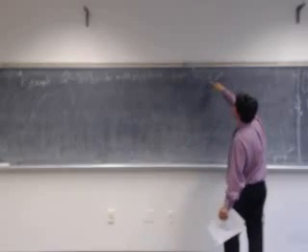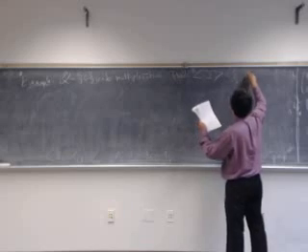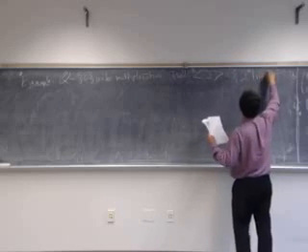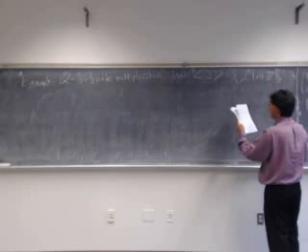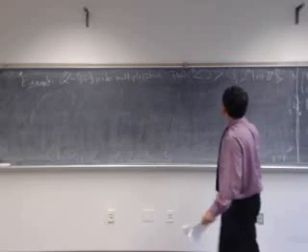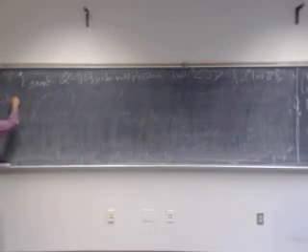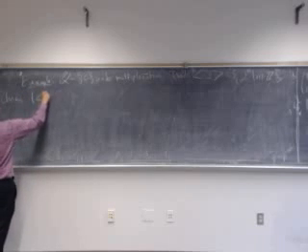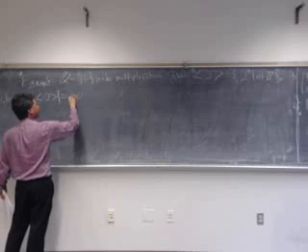Then the cyclic subgroup generated by 2 would be 2 to the n, where n runs through all integers. That's what that would be under the group operation, multiples of 2. And what I claim is the order of this subgroup is infinite.